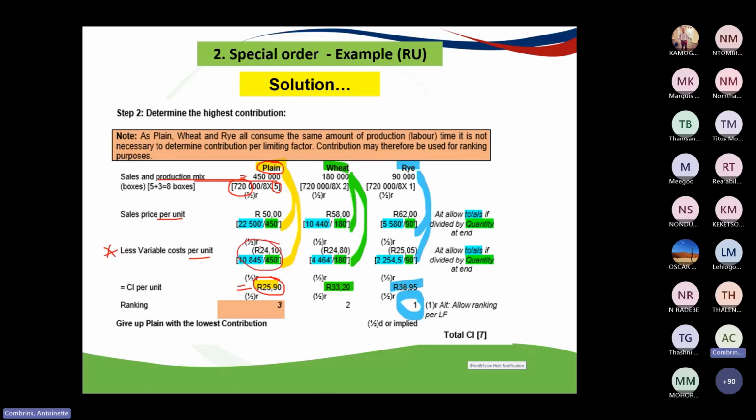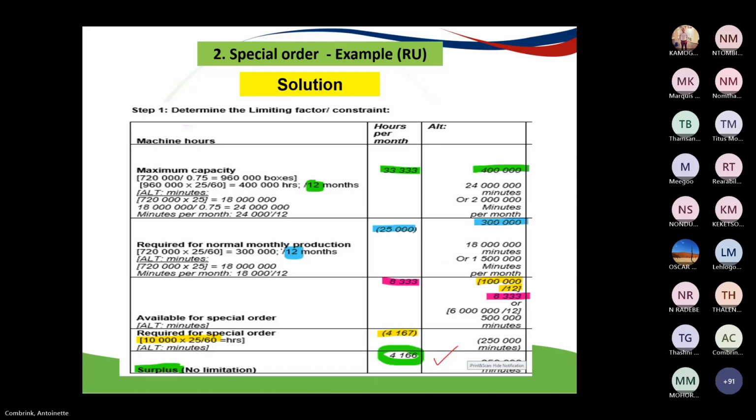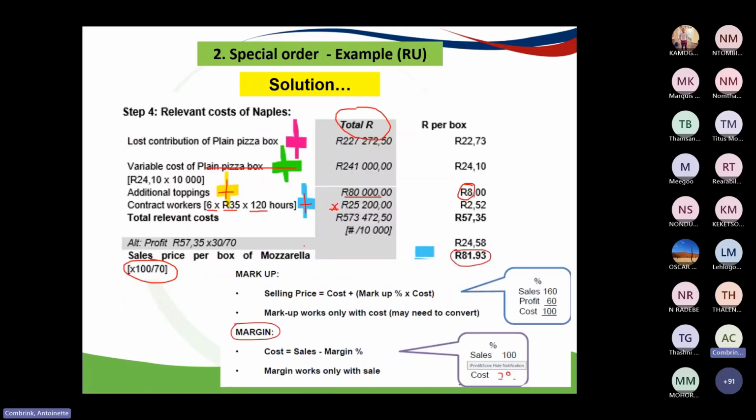So we need to remember to add this variable cost that plain incurs. Okay. All right, thank you. So that's where we've got the variable cost that plain incurs, or the 24.10 per unit. But it's very important that you don't mix the total basis and the per box basis.